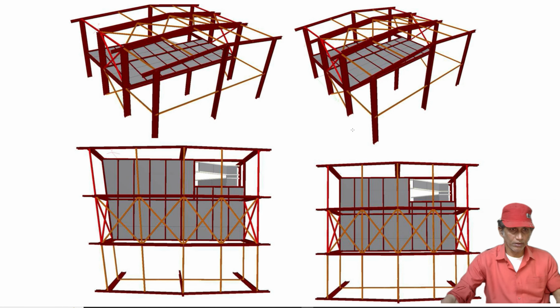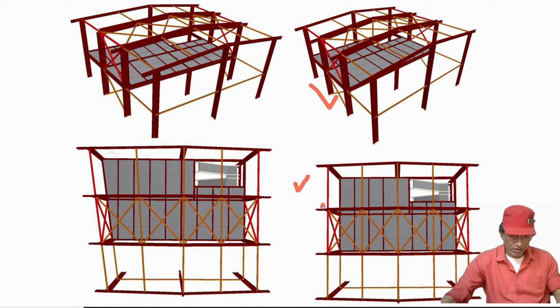Before I end section 1 on load combinations, I would like to explain what are orthogonal and non-orthogonal lateral load resisting frames. See, this is the model which we have been modeling.